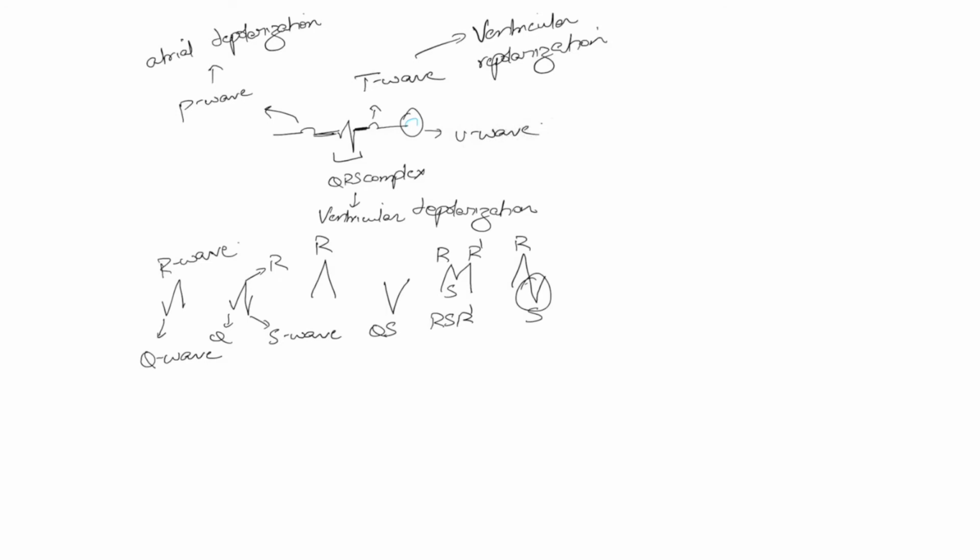So you have the P wave that represents atrial depolarization, the QRS complex, which represents ventricular depolarization, and the T wave, which represents ventricular repolarization. Now, as we've talked about previously, atrial repolarization is hidden within the QRS complex, and the QRS and T waves are usually in the same direction because depolarization and repolarization happen in opposite directions.